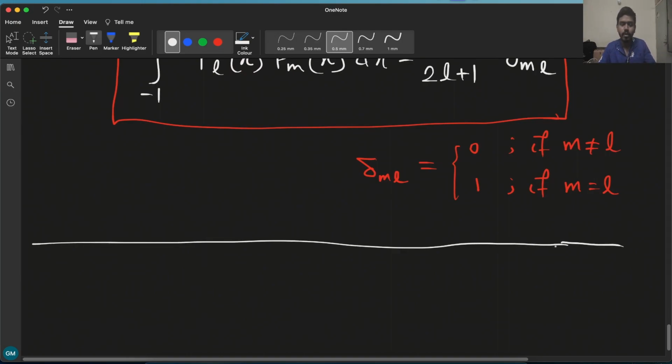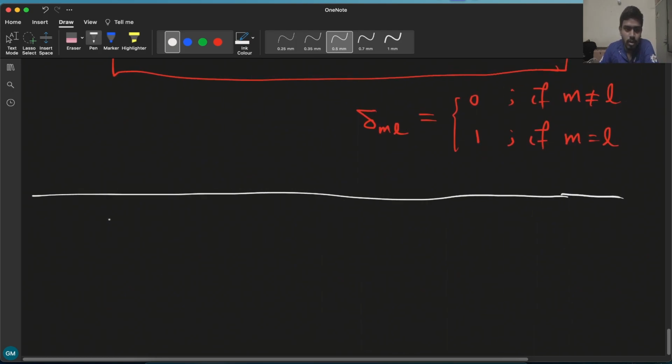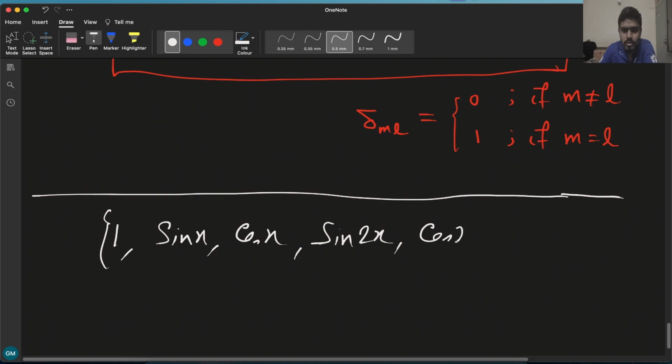Just like in the case of Fourier series, we had a basis set of normalized orthogonal functions like 1, sine x, cos x, sine 2x, cos 2x, and so on, an infinite number of such basis vectors. For a function which satisfies the Dirichlet condition, I can write it as a linear combination of these vectors.